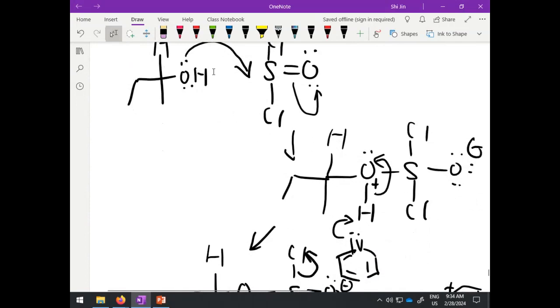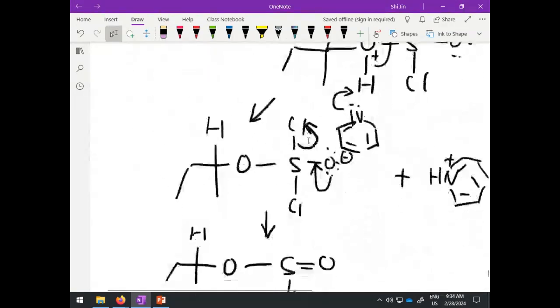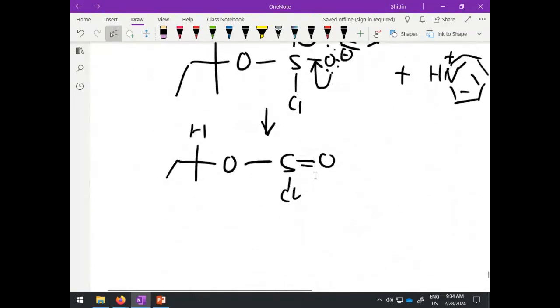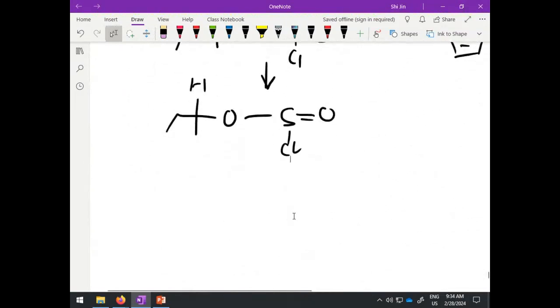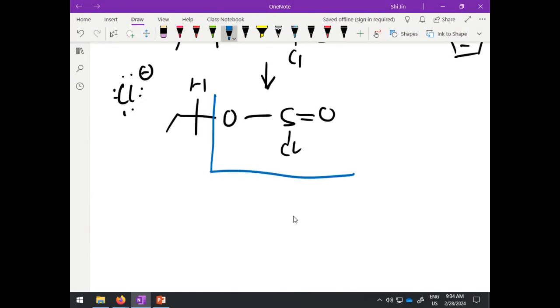First the SO double bond opens, then it restores and pushes the chloride away. The chloride, if you recall from organic one, is a reasonably good nucleophile, and this whole group is a very good leaving group.